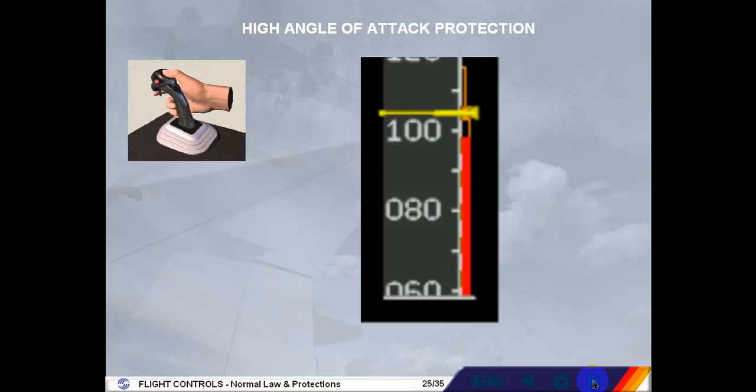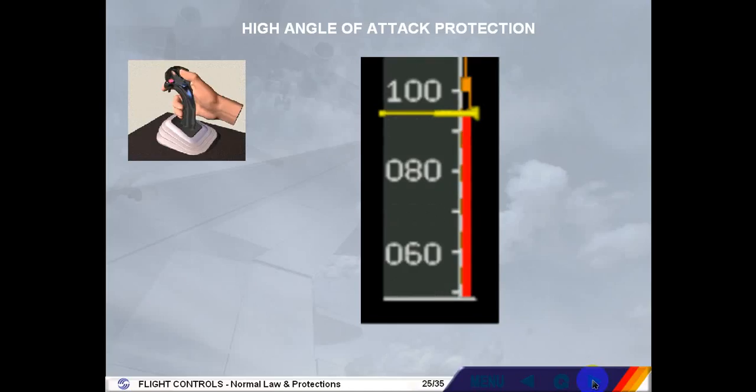If the pilots override V alpha protection using the side stick, the speed can reduce to V alpha max. In normal law, the flight control computers will maintain V alpha max even if a pilot holds a side stick fully aft. Nose up pitch trim is inhibited.